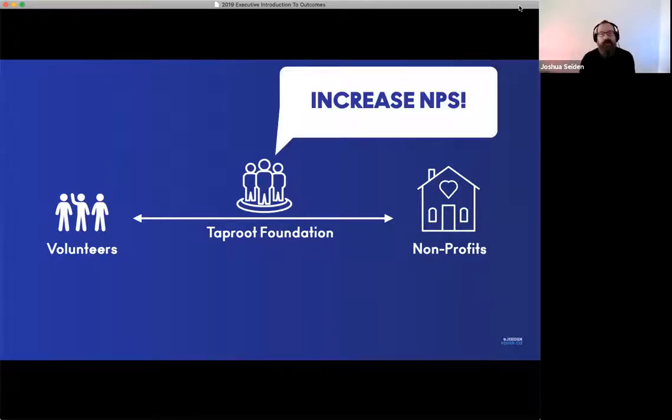Now, the team I was working with at Taproot Foundation approached me and they said, look, we have a strategic mandate for the coming year. We've been told by leadership that our mission is to increase the net promoter score of our service. For those of you who are not familiar with net promoter score, it's simply a way of measuring whether customers would recommend your service to their peers.